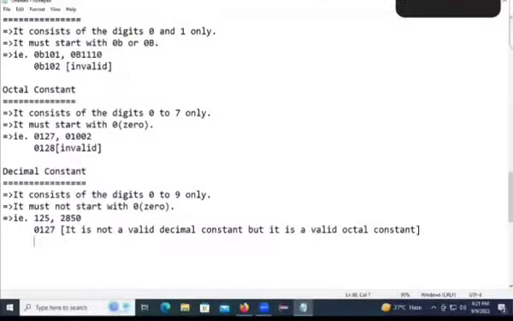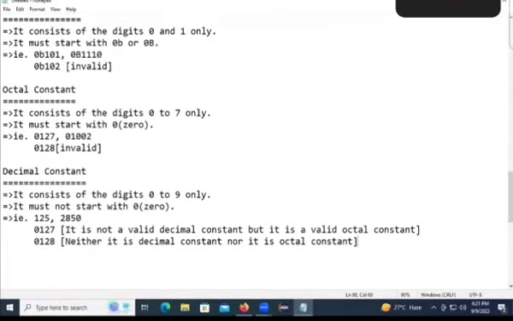But 0128 is neither a decimal constant nor an octal constant, so it will be an error.